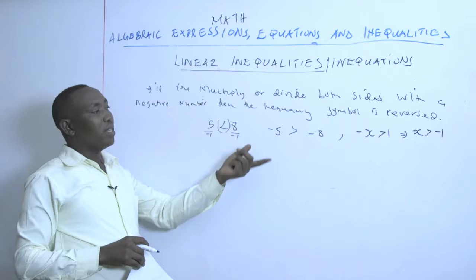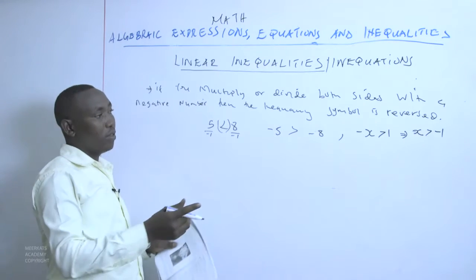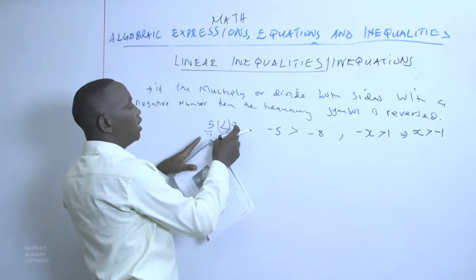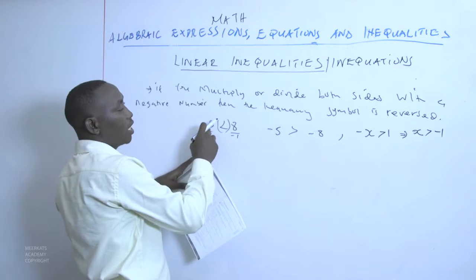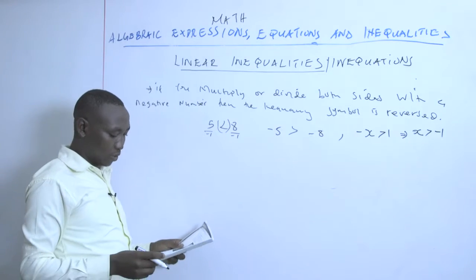Another reason why the inequality symbol can change is when you swap those particular numbers. Like we take 8 to this left hand side, we take 5 to the other side, then the inequality symbol again is going to change.